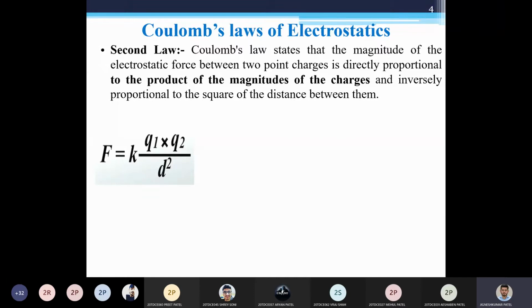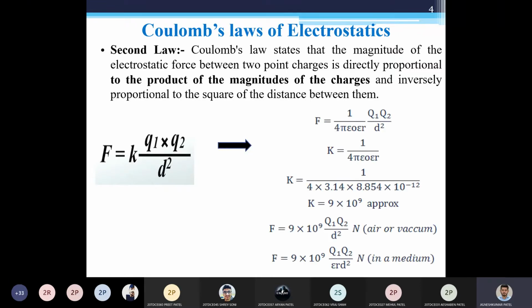The third point is that it also depends on the dielectric medium. The constant K depends on the medium in which I have put the two charges. So we know the value of K is 1 upon 4 pi epsilon 0 epsilon r. Epsilon 0 is the absolute permittivity of air or vacuum, and epsilon r is the relative permittivity of the medium.